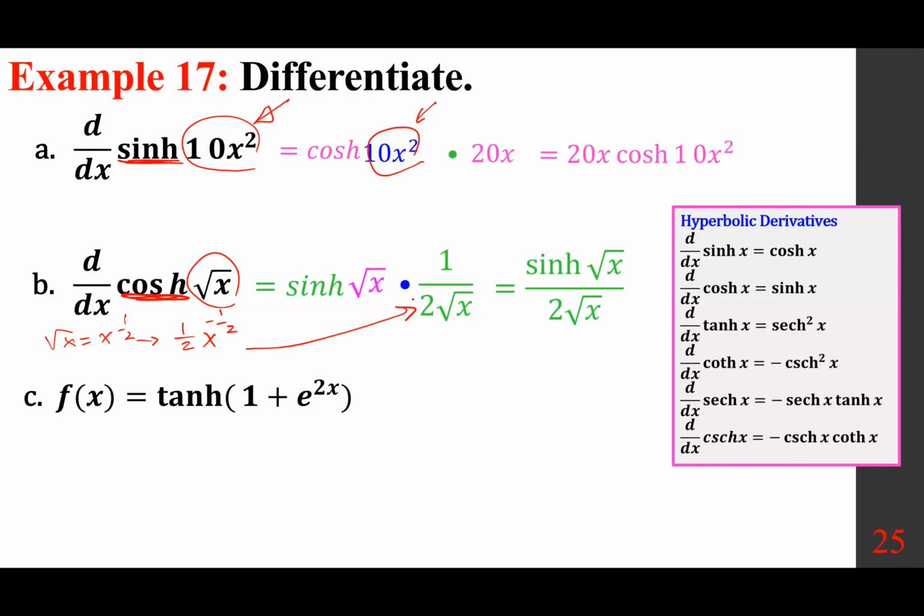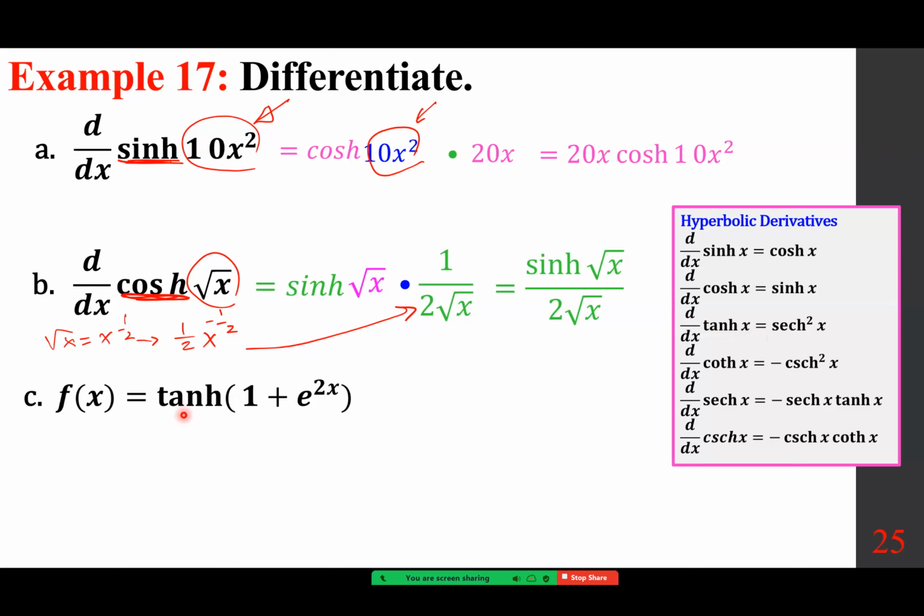We want to differentiate where f of x is hyperbolic tangent of 1 plus e to the power of 2x. And the derivative of hyperbolic tangent is hyperbolic secant squared. Remember, the derivative of tangent was secant squared. The derivative of hyperbolic tangent is hyperbolic secant squared.